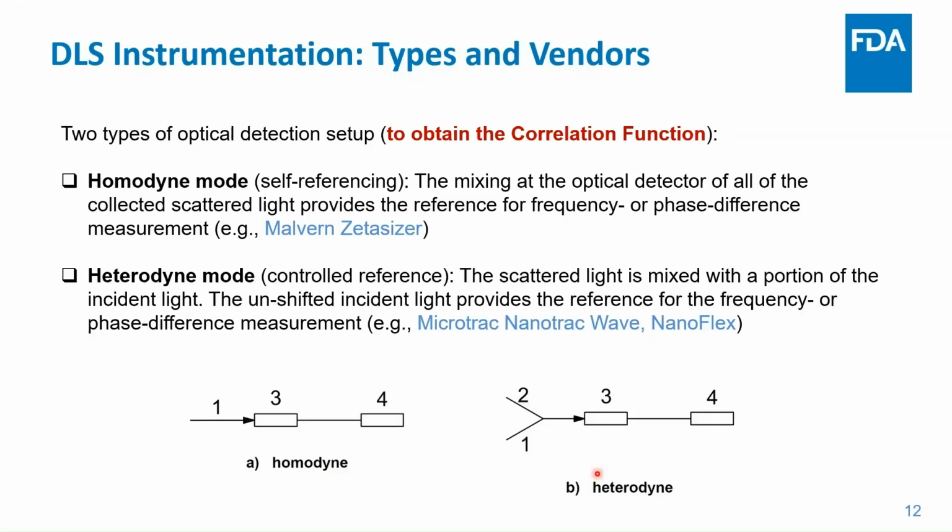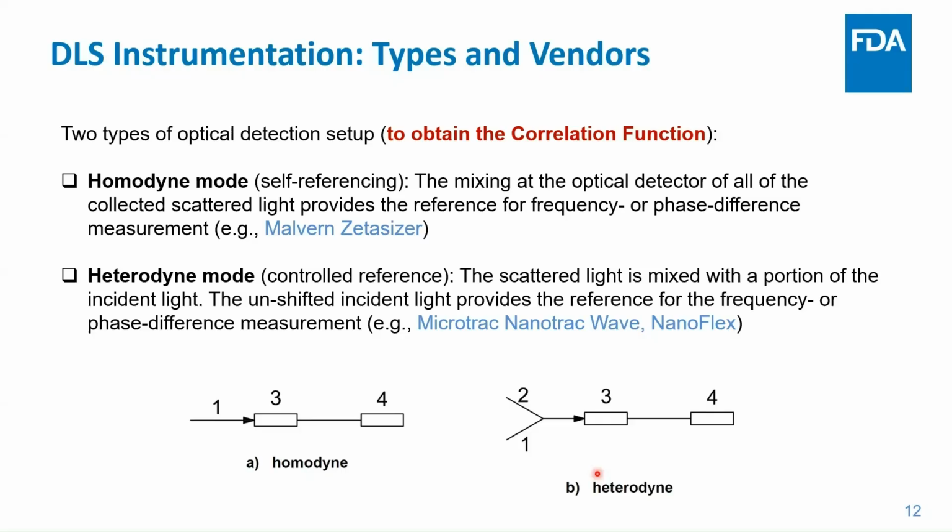Basically there's 2 modes: homodyne and heterodyne detection setups. What this comes down to is whether or not you're referencing the initial light, the initial wavelength or frequency of the light coming in, or if you're just measuring the scattered light.